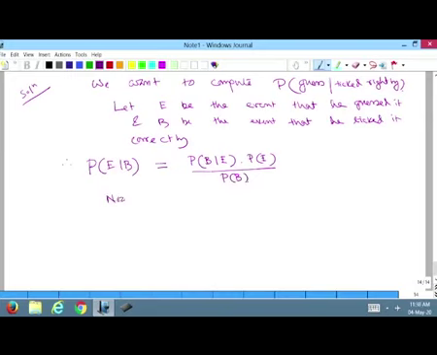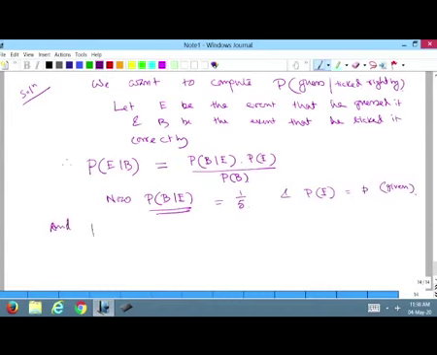Now, probability of B given E, because he is randomly ticking and there are 5 options, the probability he has ticked it correctly is 1 by 5, and probability of E, that he is guessing the answer, is P, that is given.